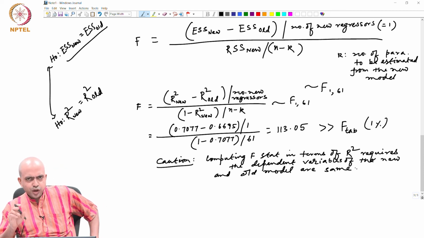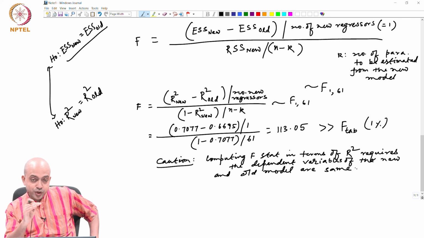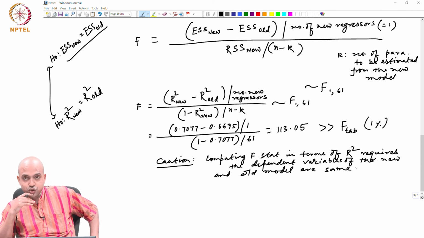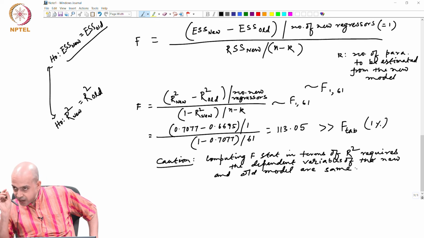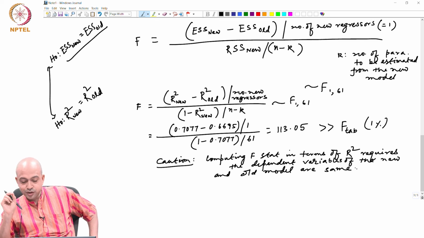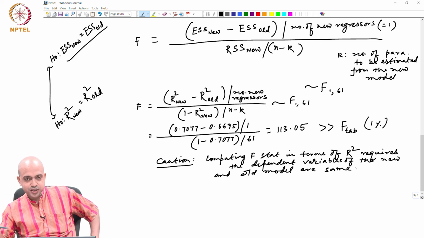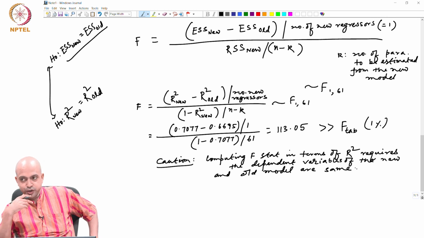Whenever you are computing the F statistic in terms of R square, we are comparing R square new with R square old. So, what is R square? R square is the percentage of your dependent variable which is explained by the independent variables.